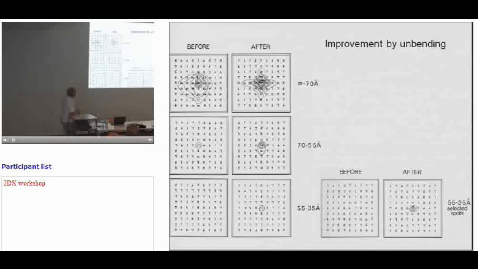So in fact, there was nothing in the unbending procedure that used any Fourier component beyond about 6.5 or 7 angstroms resolution. So these spots here at high resolution were never included in the unbending. So the fact that you see these getting stronger immediately proves that you're doing the right thing. And from then on, you're confident that everything that you're going to get is the real structure.